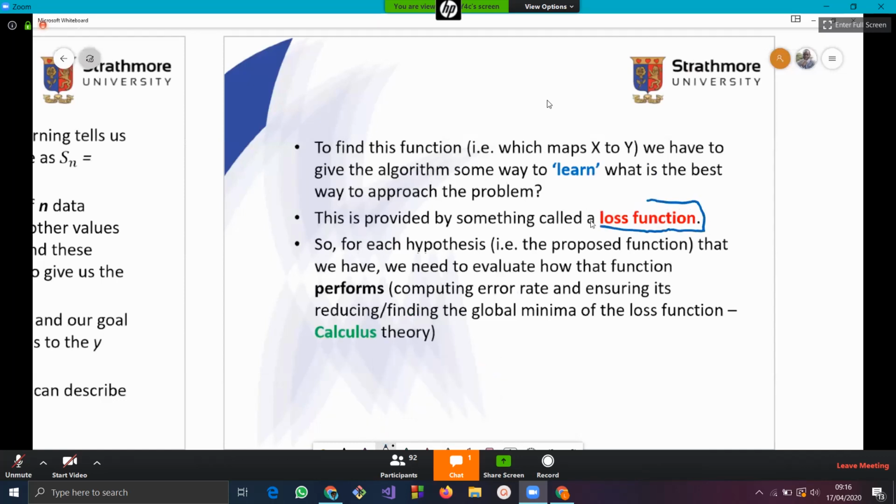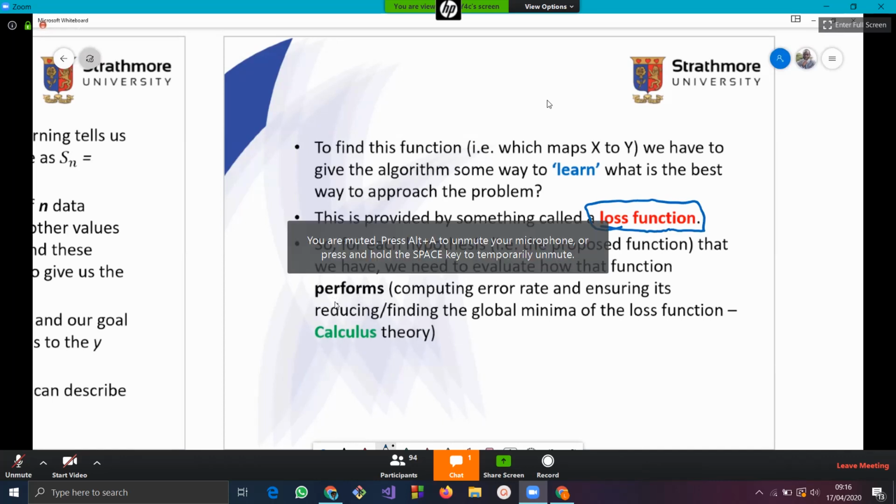If you can have them down, they'll be good. There's a loss function. There's data. Data has features. And you actually want to discover the true function that is mapping x to y. So for each hypothesis that we have, we need to evaluate how the function performs. There is a performance measure, the one that we were talking about.